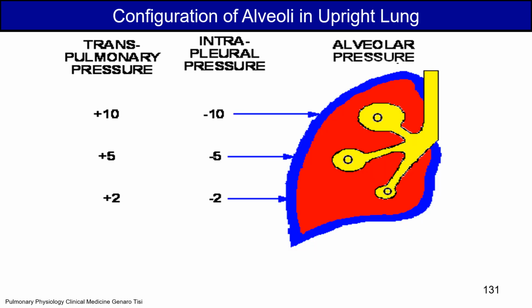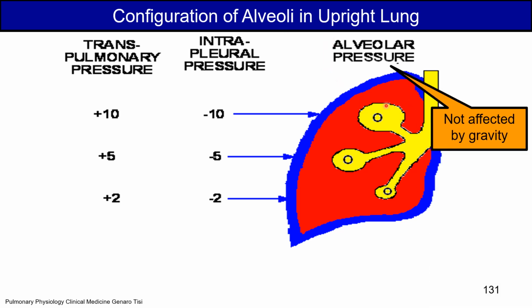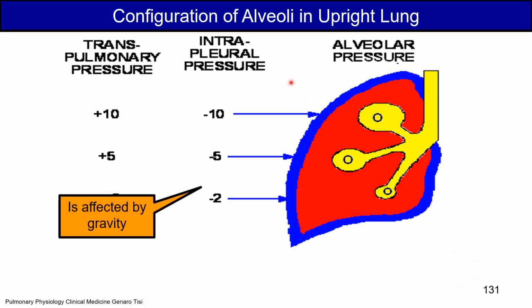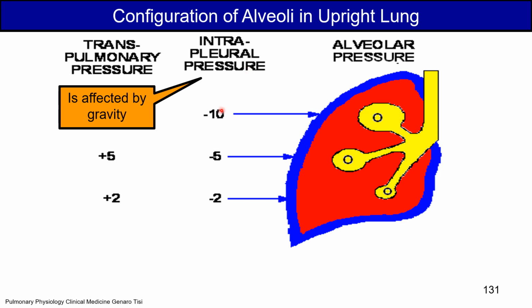Let us now examine the configuration of the alveoli in an upright lung. The alveolar pressure is not affected by gravity, so it's zero throughout from upper to lower lung zone. The intrapleural pressure, on the other hand, is affected by gravity. It is most negative at the apices and least negative at the bases.